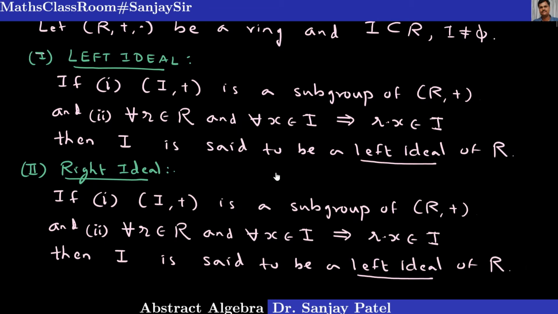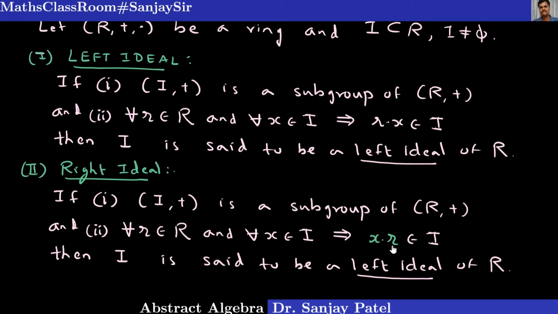Fine. If I plus is a subgroup of R plus, so the first condition is the same, and in the second condition there is only one change, and it is here. So for every r belongs to R and for every x belongs to I, we must have x into r belongs to I. Remember, here it is r into x and here it is x into r.